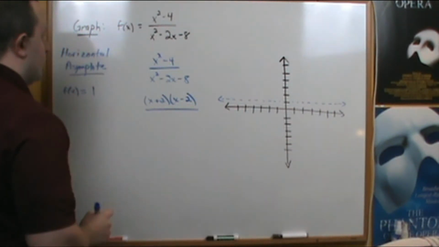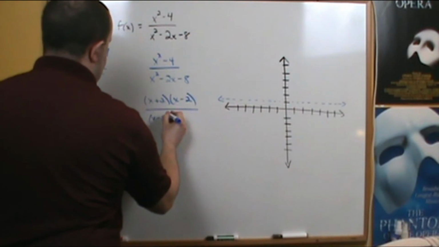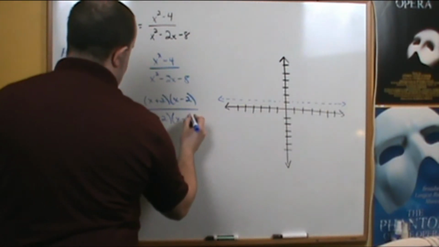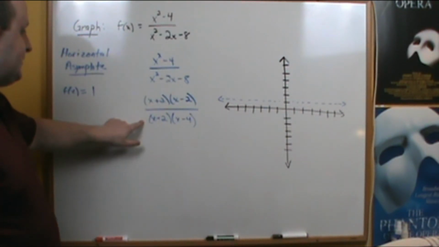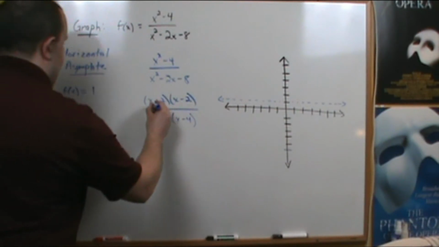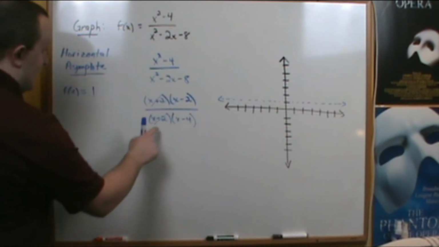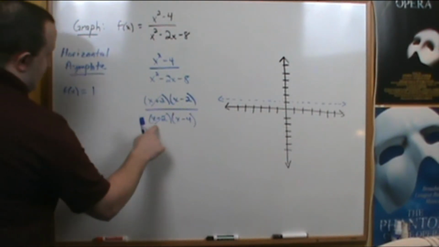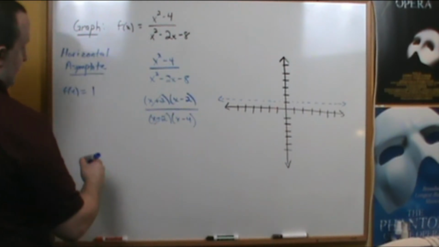And in the denominator, this is going to be x plus 2 times x minus 4. The numerator and the denominator have a common factor of x plus 2, so it's going to simplify out. And that's going to leave us with a hole at x equals negative 2.